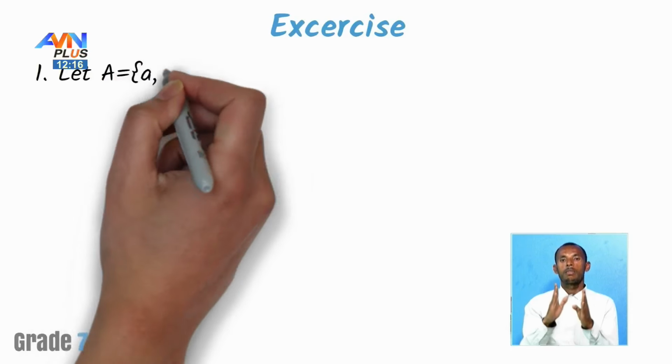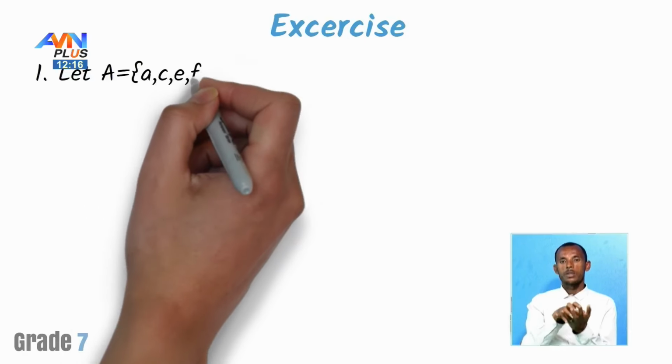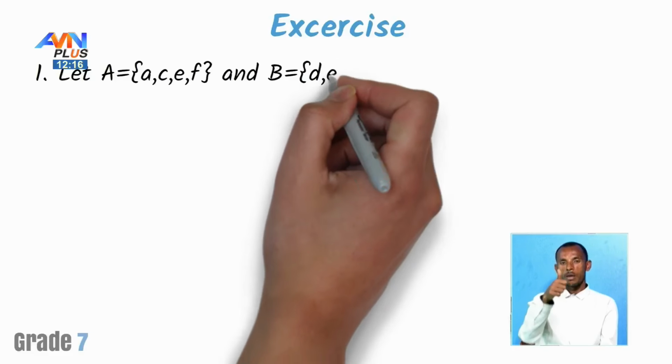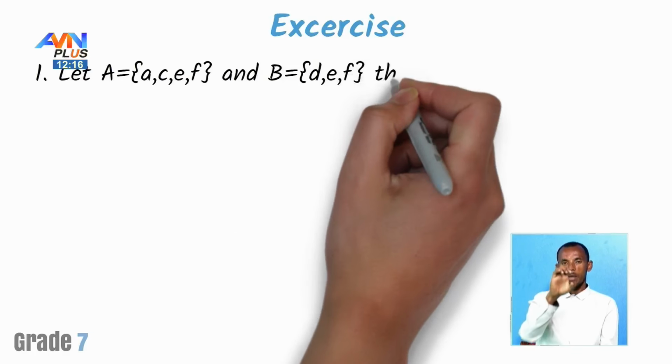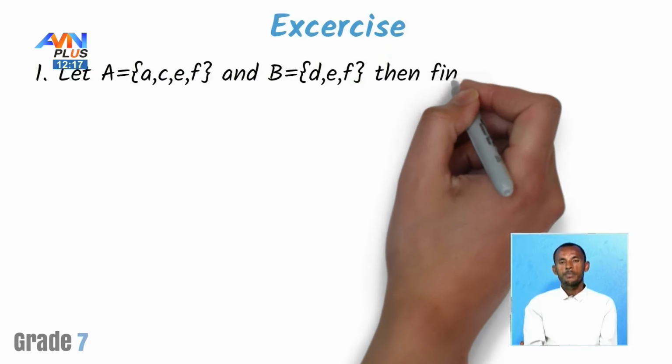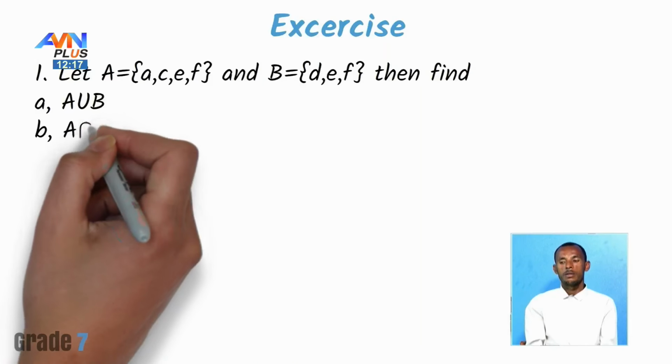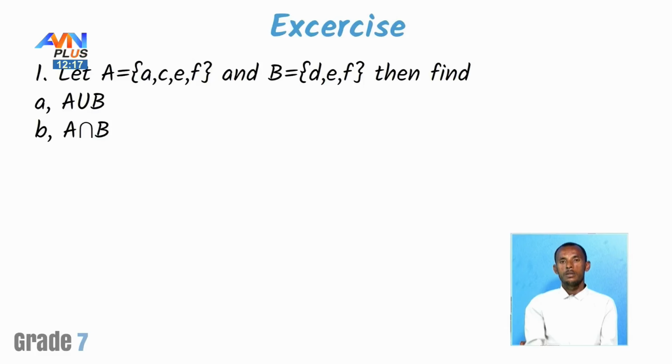Let set A contain the elements A, C, E, F, and set B contain the elements D, E, F. Then find A union B, and find A intersection B.